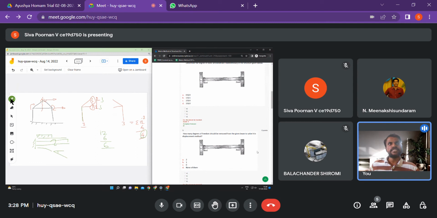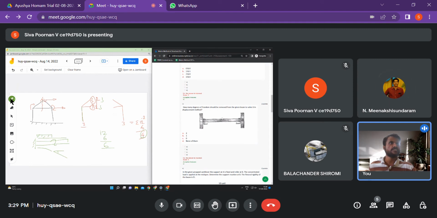What is the kinematic indeterminacy of this structure? Kinematic indeterminacy basically means how many extra degrees of freedom we have, so that we are not able to solve it using the displacement method. Here it is just a kinematically determinate beam. Therefore, we have zero excess. So that's the question put in a different way.